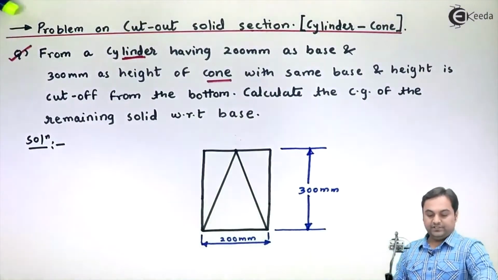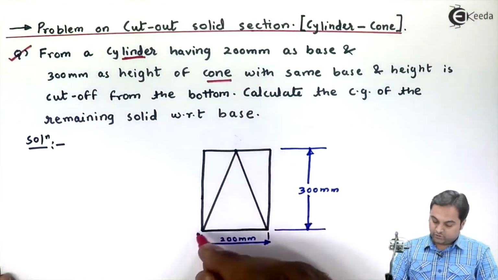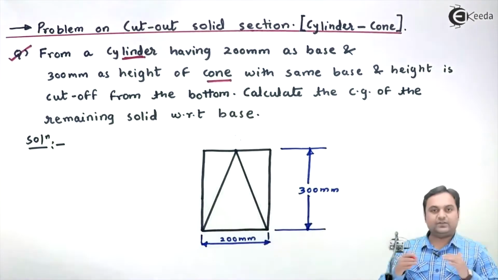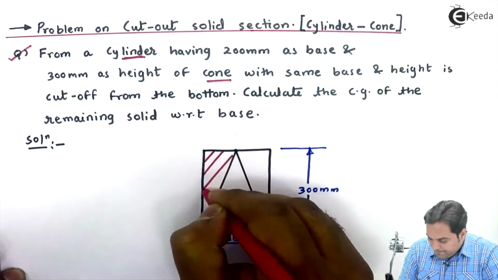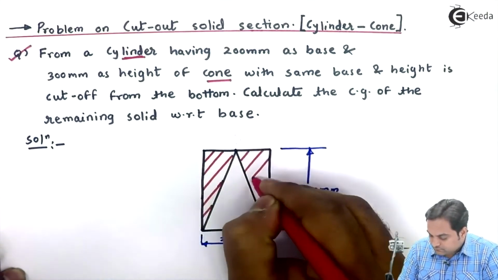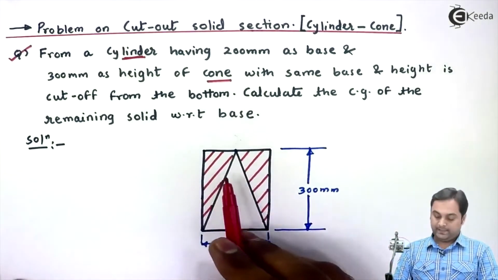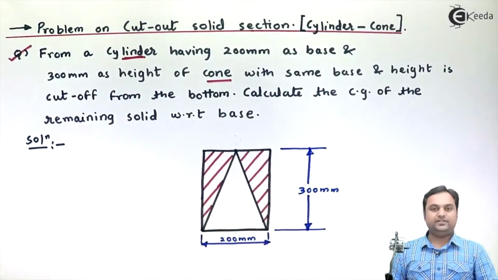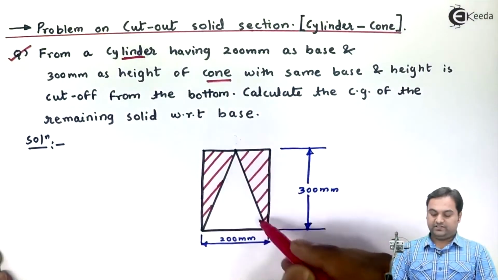So from the cylinder, if we are cutting this cone, then the section which remains, I am marking that. So in red color which I have shown, this is the section which remains when from the cylinder a cone is cut.